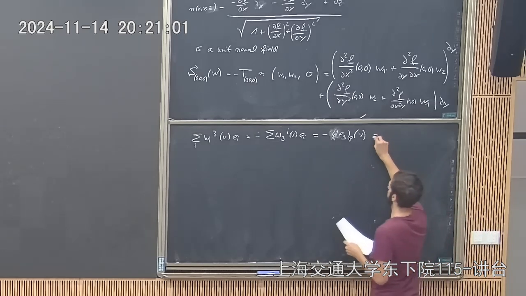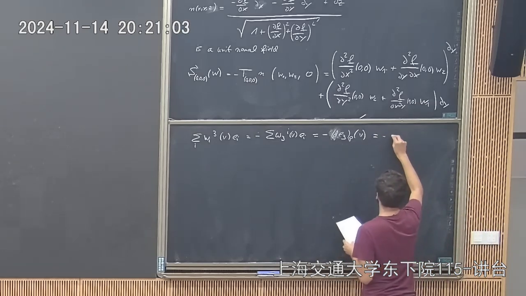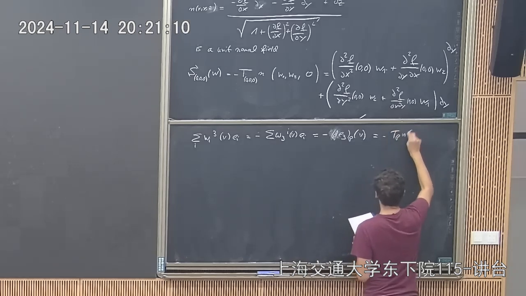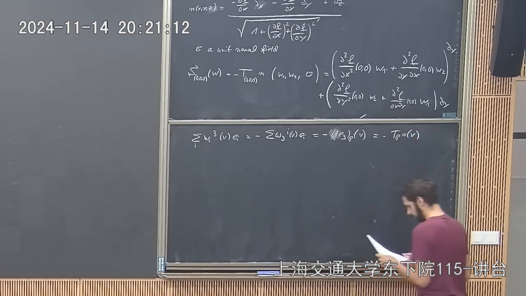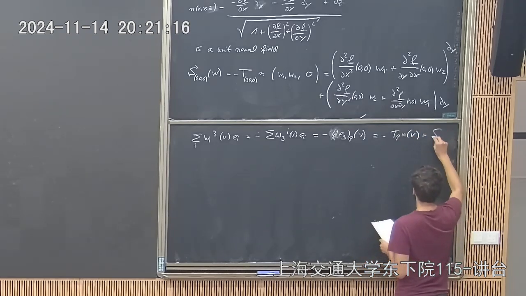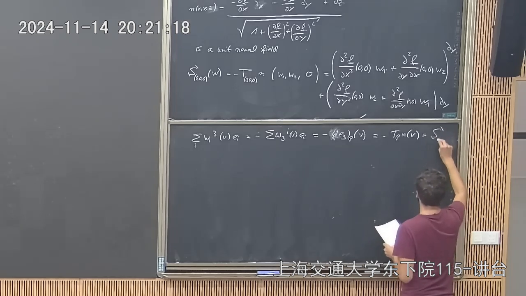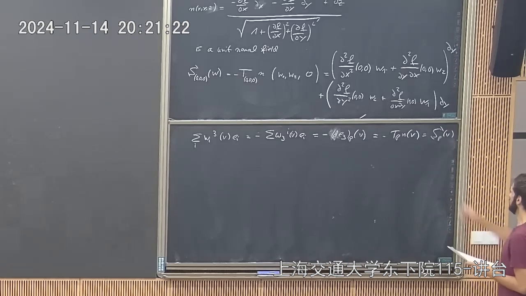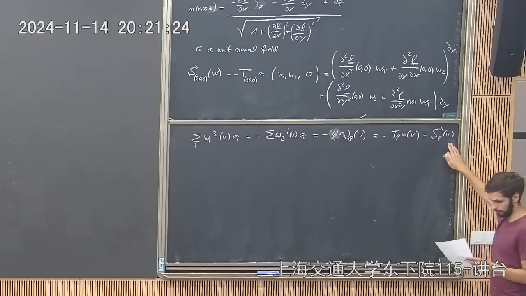Now the E3 element was the same thing as the normal direction n. So what we get is the shape operator at p in the direction of v. So that's the formula that we also already had.